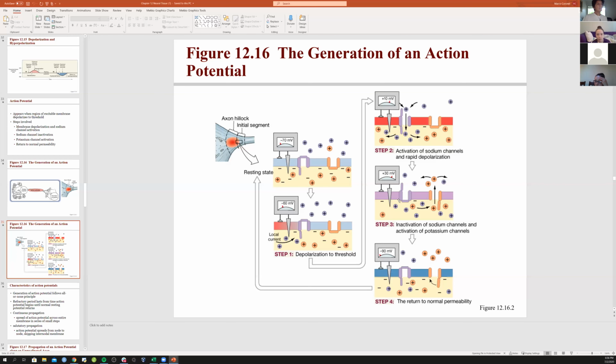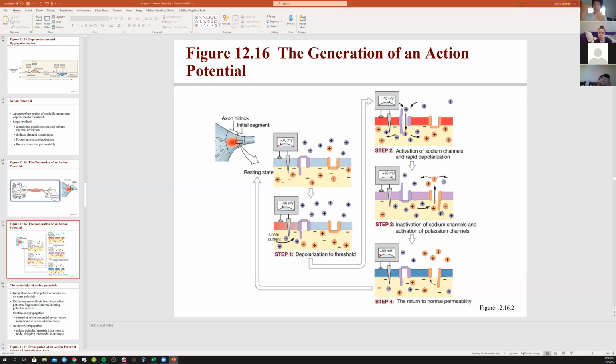And at about positive 30, the potassium channels open. They don't open at the same time. They're like, after you, please, after you. Because if we had both of them open at the same time, sodium would go in and potassium would go out.